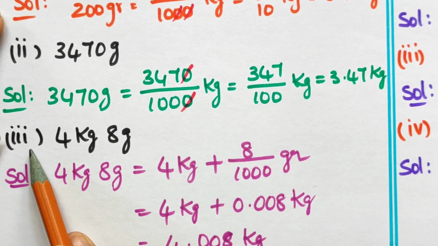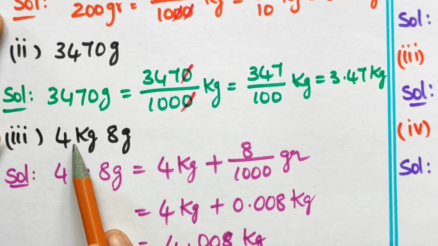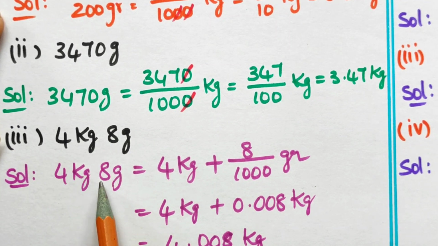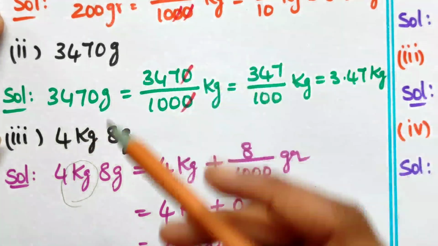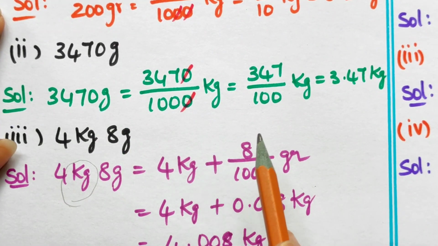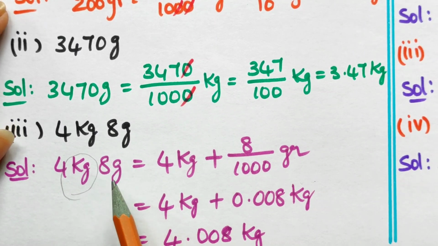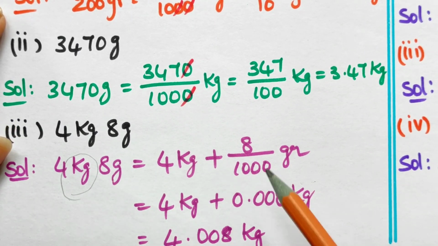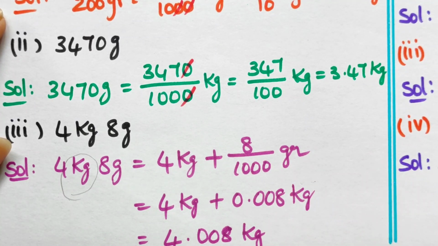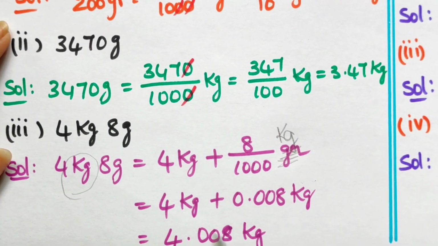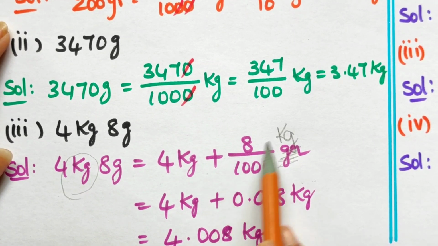Okay friends, now let us see the third bit. 4 kg 8 grams. 4 kg 8 grams is equal to 4 kg, this is already in kg, we have to express in kg, this is already in kg, plus this 8 grams. 1 gram is equal to 1 by 1000 kg. Then 8 grams is equal to 8 by 1000 kg. Now 4 kg plus 8 by 1000 kg.